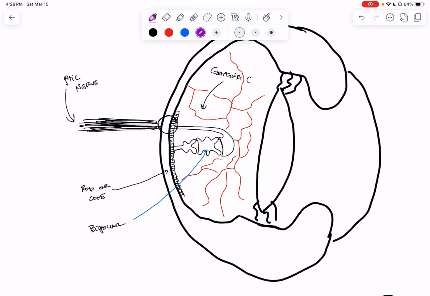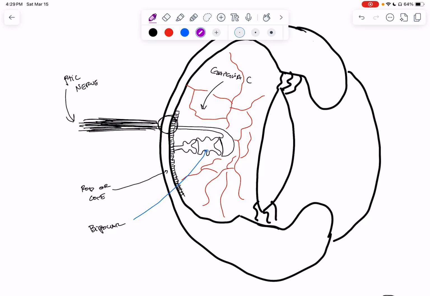Above the rods or cones, connected directly above them, you have something called a bipolar cell. The bipolar cell has a unique effect on communicating different neurotransmitters to the brain, telling it whether or not it's seeing light or dark. And then connected to the bipolar cell is something called the ganglia cell.